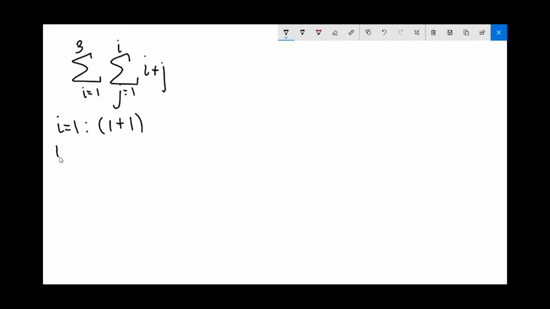Next, taking i equals 2, this equation here will be 2 plus j from j equals 1 to 2. So starting with j equals 1, i equals 2, so that will be 2 plus 1. And then our next term will be when j equals 2, so that will be 2 plus 2. And then we stop as our top number here is i, which is 2.